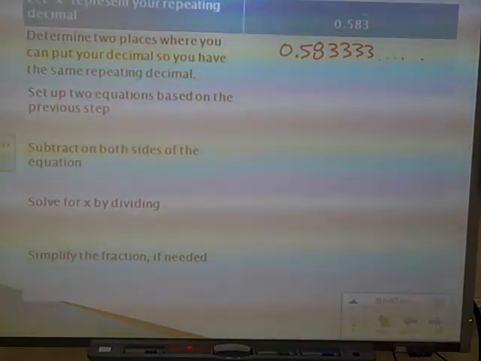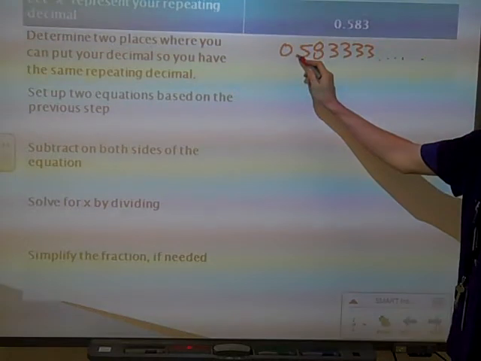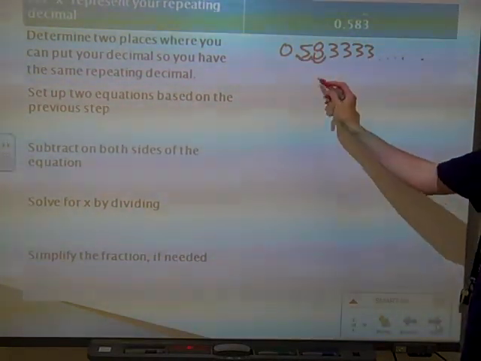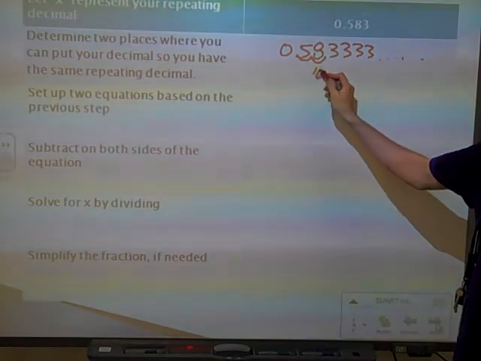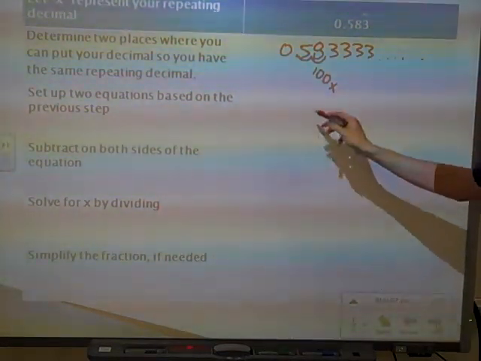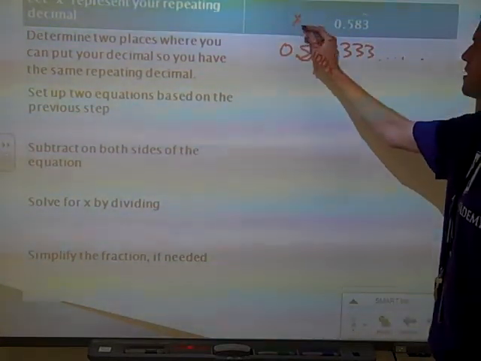So what that means is that after my decimal, I only want the repeating decimal. Okay? So if I move my decimal place over once, twice, for me to move over that twice, I am actually multiplying by 100. So I'm multiplying by 100x because x is my original decimal.